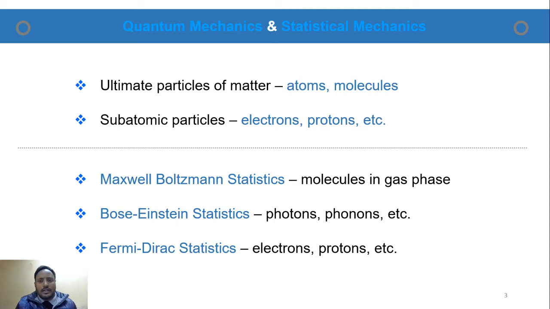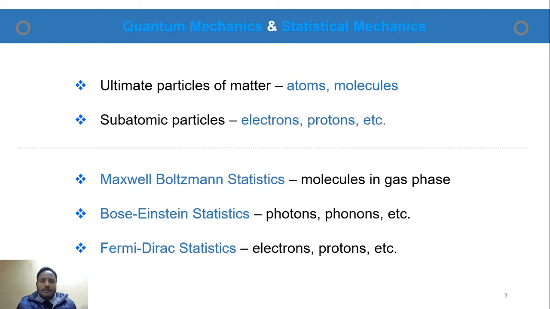On the other hand, statistical mechanics only uses the information provided by quantum mechanics and does statistical calculation and builds up the concepts relating to the macroscopic properties of matter.